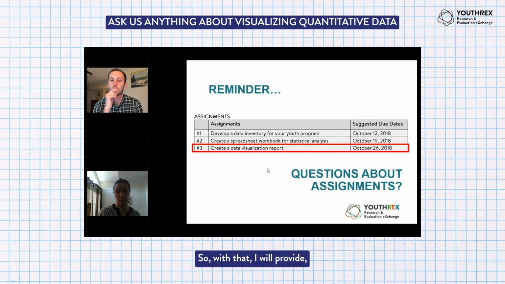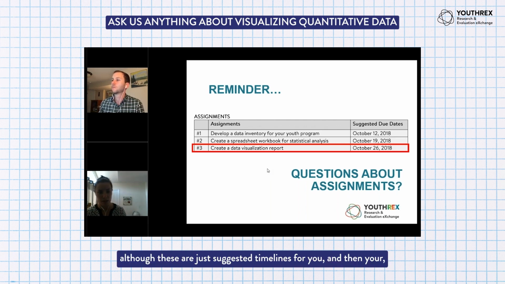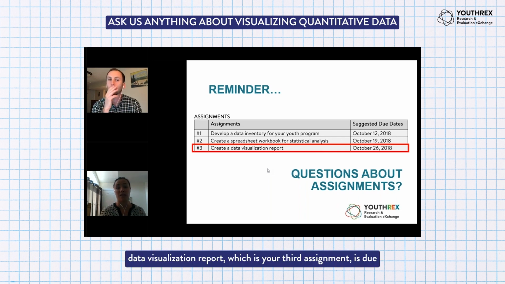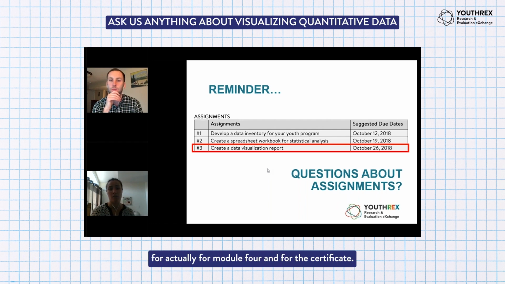So with that, I will provide just a friendly reminder that your second assignment was due at the end of last week, although these are just suggested timelines for you. And then your data visualization report, which is your third assignment, is due at the end of this week. So this week also marks the wrap up for Module 4 and for the certificate.